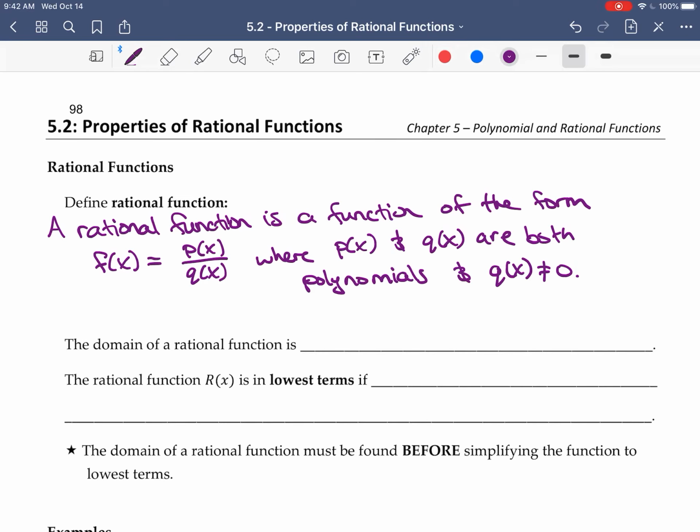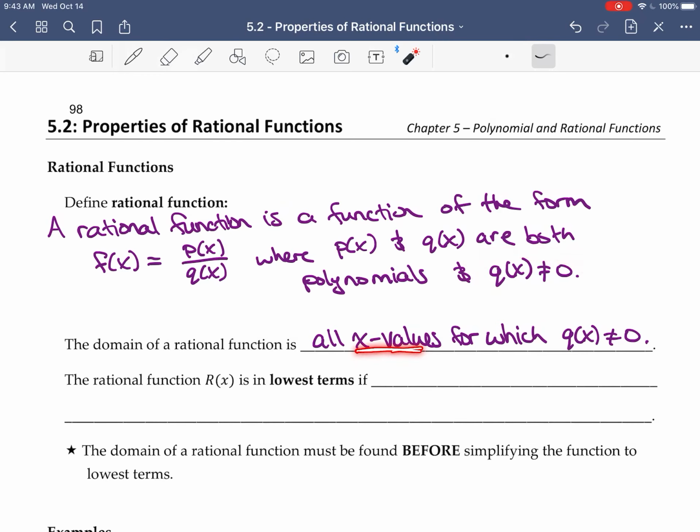So the domain of a rational function is all x values for which the denominator, q of x, is not equal to 0. We need to throw away all the x values that make q of x equal to 0. So the domain has all the x values where q of x is not 0.